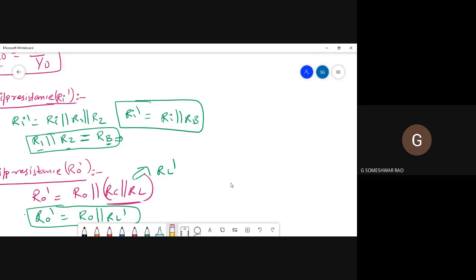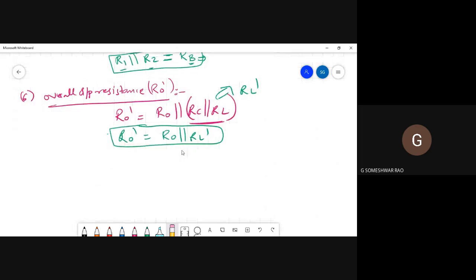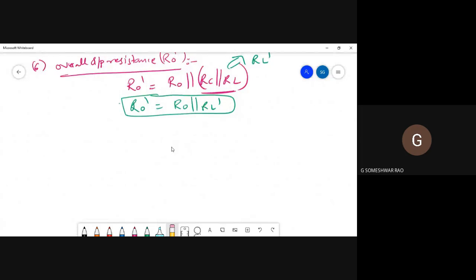Yeah, AVS and AIS. So put a subheading for calculating AVS, the seventh parameter: overall voltage gain. AVS is known as overall voltage gain. Put a subheading as seventh parameter.